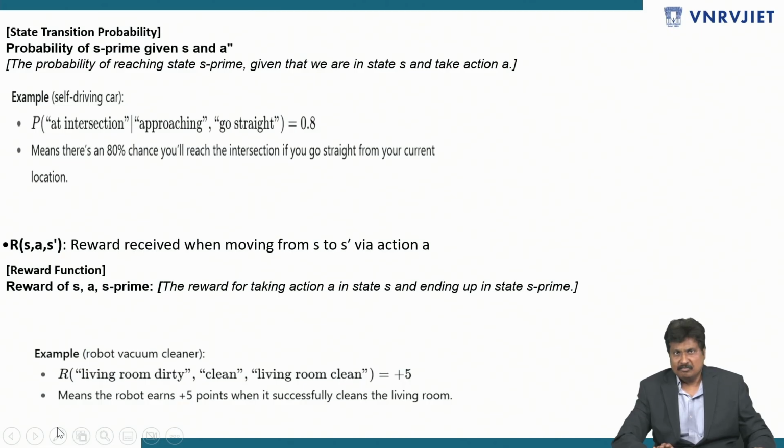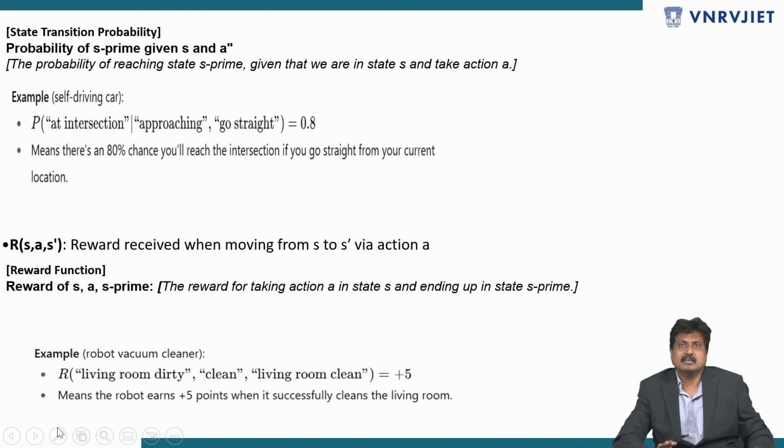For example, let's talk about self-driving cars. P(at intersection | approaching, go straight) = 0.8. Here 0.8 means an 80% chance of reaching the next state. Our current state is approaching, and our action is go straight.